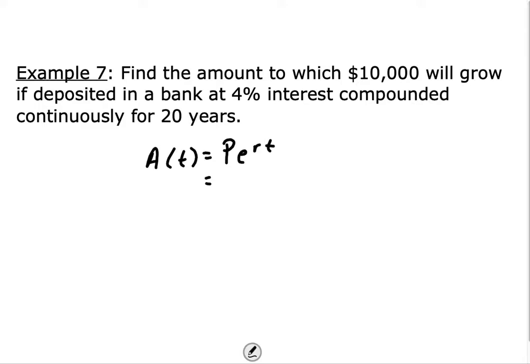So the P value there is the amount, which is $10,000. R there is 4%, so write that as a decimal. And it says it's in there for 20 years, so times 20.